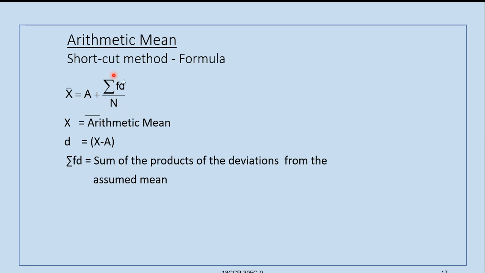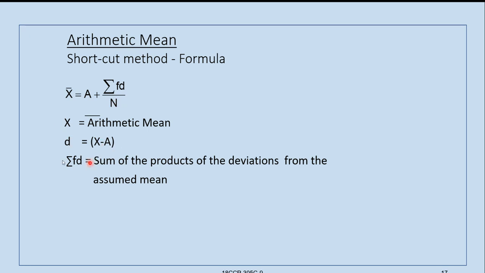Now when we see the formula, assumed mean we have understood. FD, we have understood that FD should be in the fourth column and that should be summed up, which is divided by total frequency, that is F. The F column, second column, is summed up.